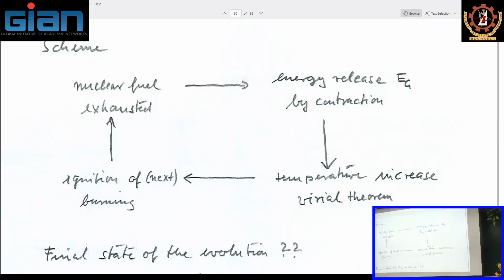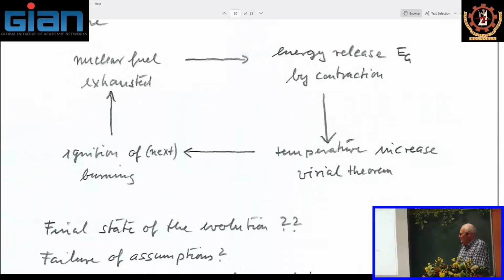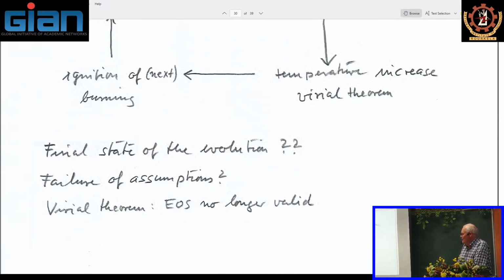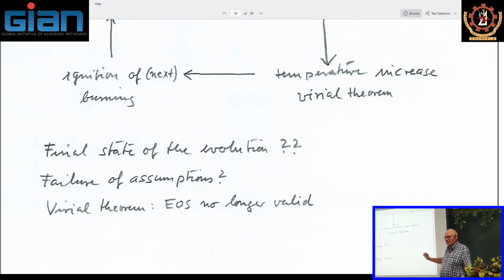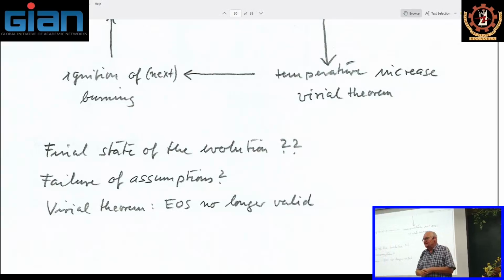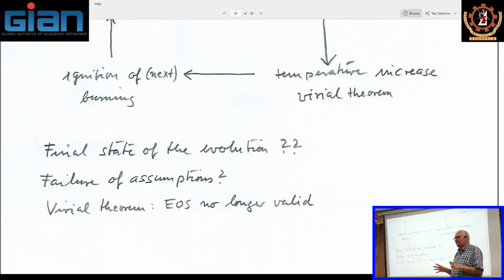Well, actually it doesn't take place. And what is the physical reason for the fact that the cycle does not go on forever and does not reach infinite temperature? Well, some of our assumptions seem to fail. The assumption that fails is that the equation of state is no longer that of an ideal gas. The virial theorem, keep in mind, was derived on the assumption that we have the equation of state of an ideal gas.